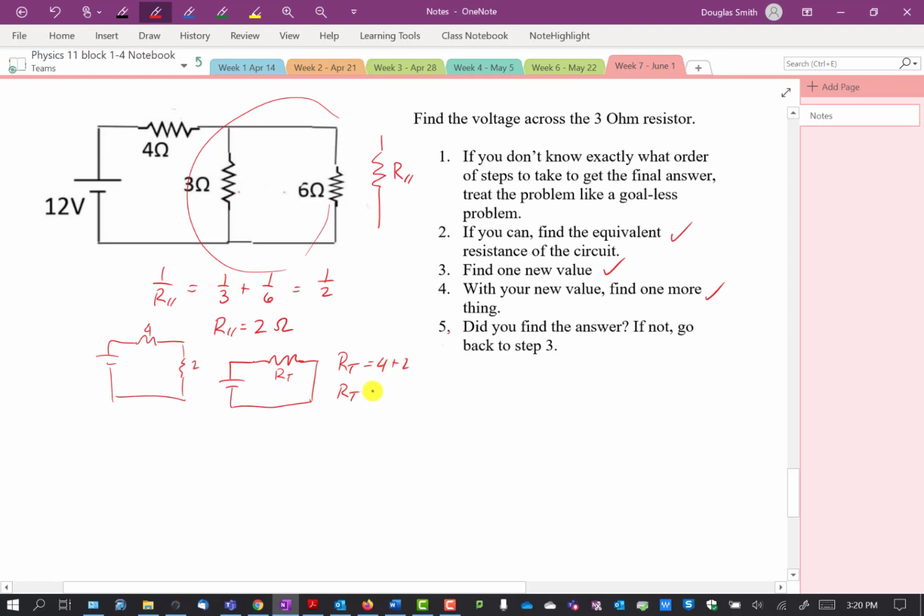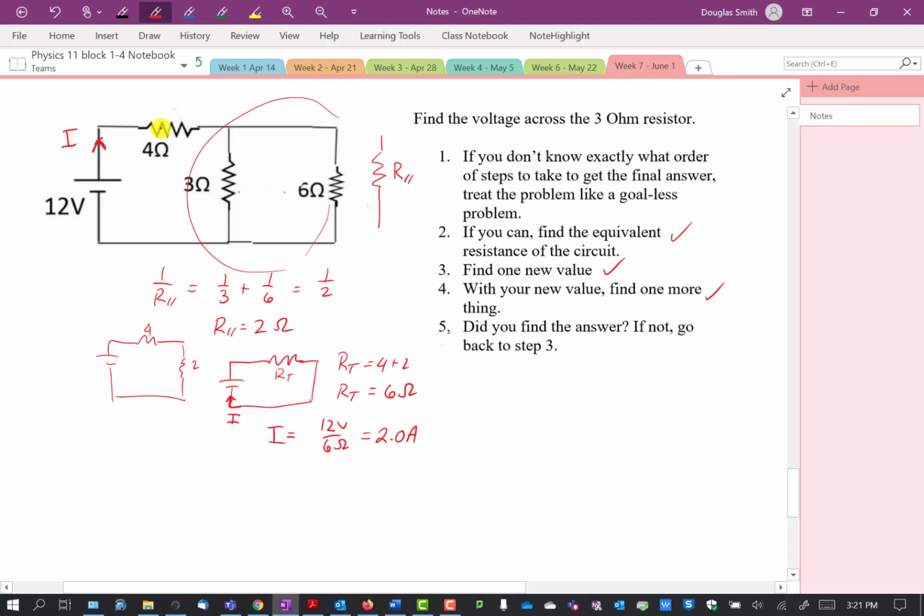So the equivalent resistance of this circuit is 6 ohms. Once I know that, I can find the current that's flowing through the voltage source. I can find this current. So I is equal to 12 volts divided by 6 ohms. It's 2.0 amps. Awesome. So now I know this current, I.